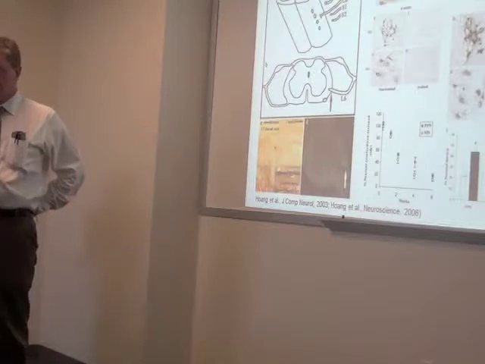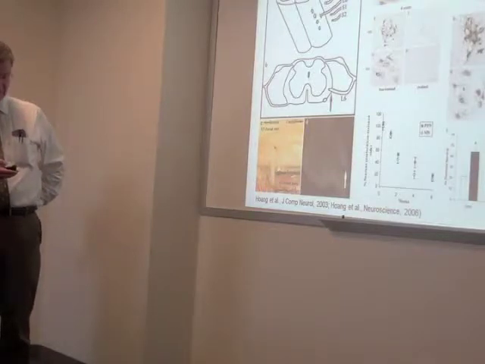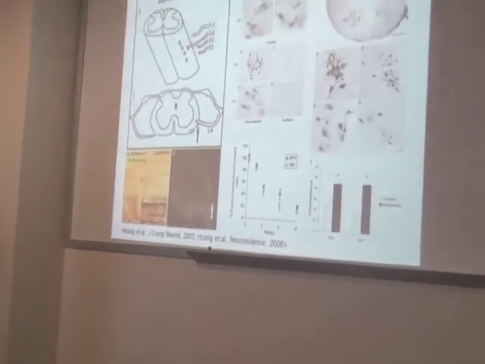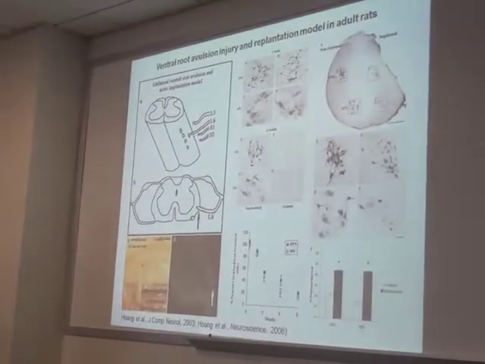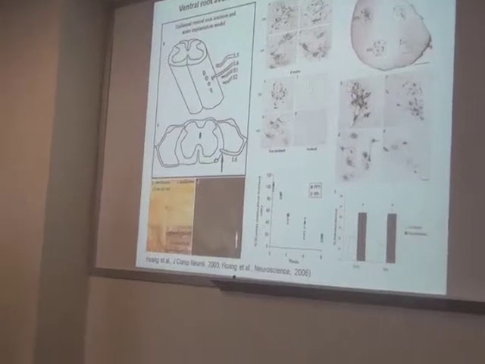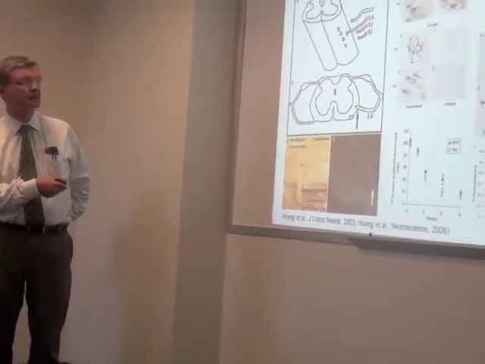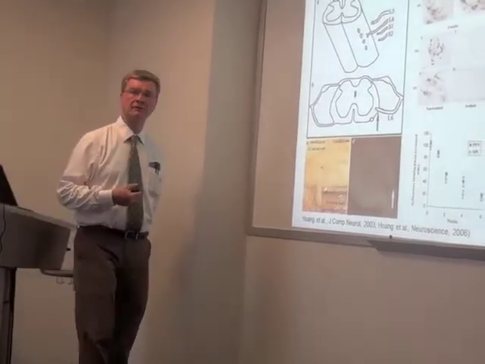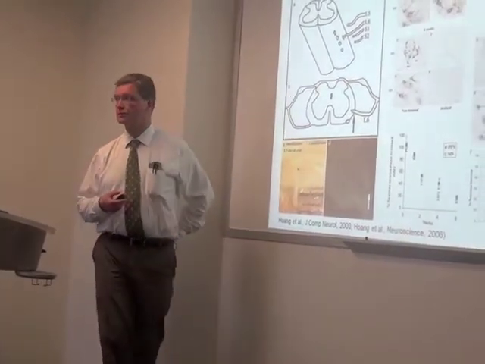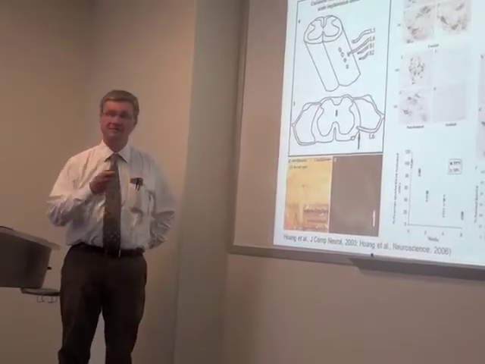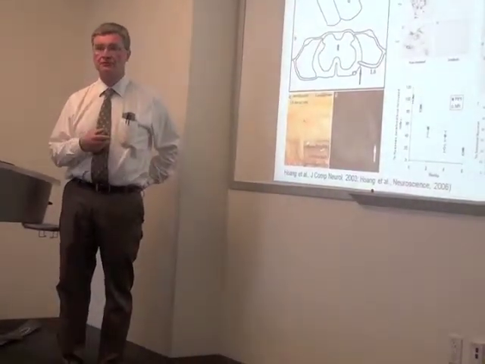So what we did, we developed a scenario where the most severe type of nerve root injury that could take place, and that is an avulsion injury where the root is separated from the surface of the spinal cord. That's the worst case scenario of a root injury because it's right at the border between the spinal cord and the peripheral nervous system.